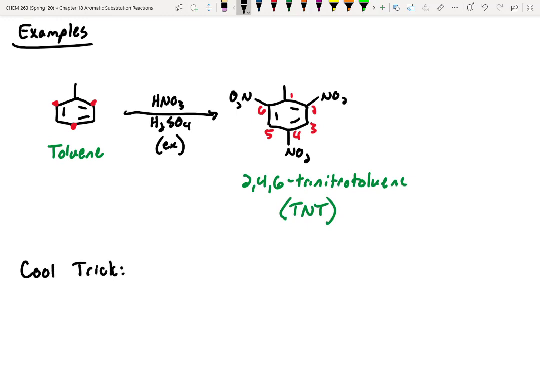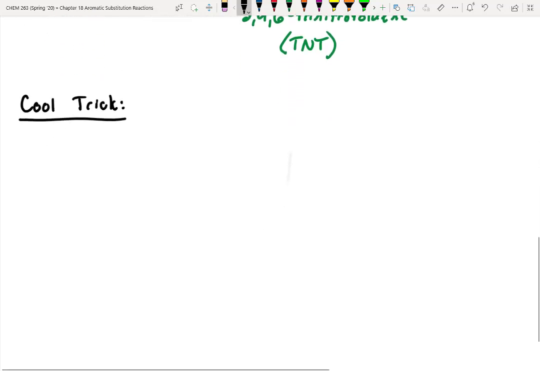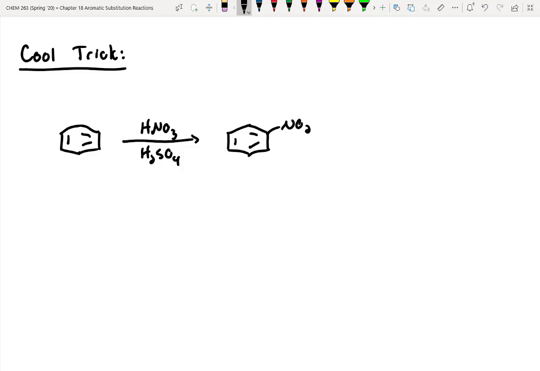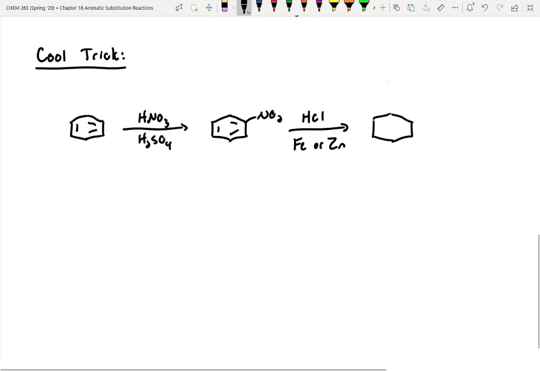All right, so just like with sulfonation, there's another cool trick you can do with this one. Again, this is useful for synthesis problems later on. The cool trick is, if you have an aromatic ring, you can treat this with nitric acid and sulfuric acid to install your nitro group. So we'll get this nitro group on there. And then if you treat this with HCl, hydrochloric acid, and some sort of metal like iron or zinc, you can do a reduction reaction.